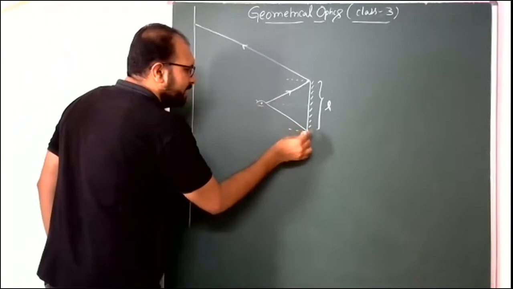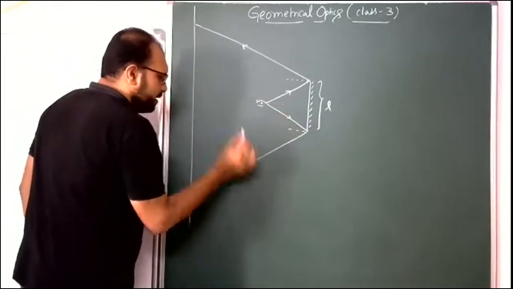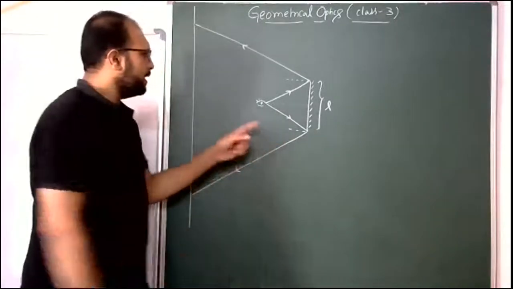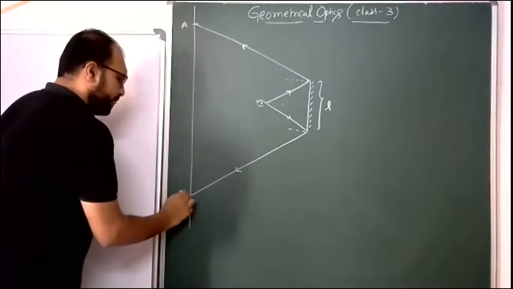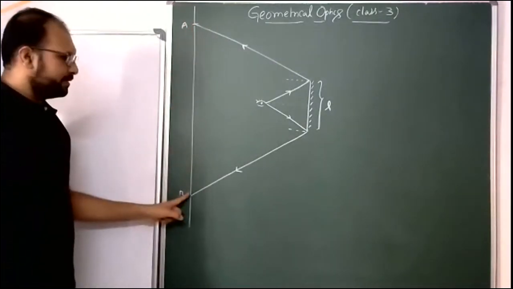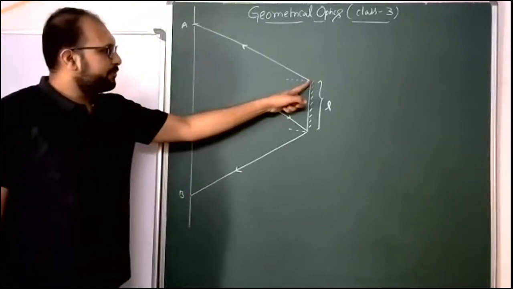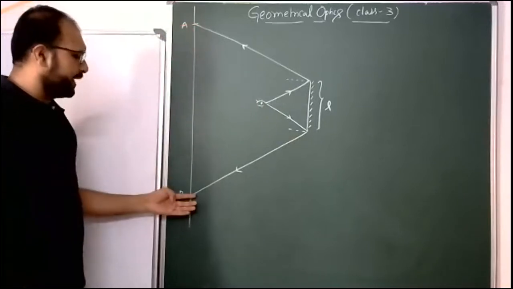This is the angle of incidence, and this is the angle of reflection. It means, indirectly, from point A to point B, this total area is in the field of view of the plane mirror. That means this observer can view from here to here.